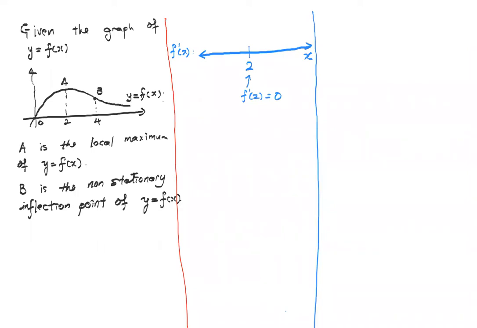Plus or minus? Plus. Why plus? Because the f(x) graph is going up. That means it shows that f(x) is increasing. So you have a positive rate. Am I right?